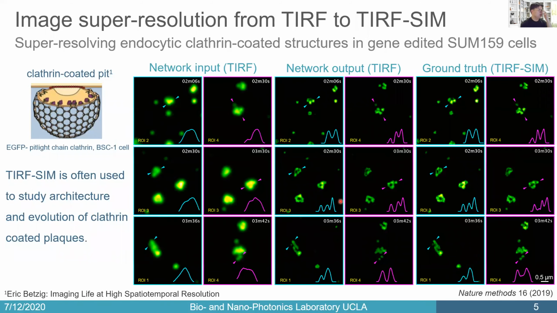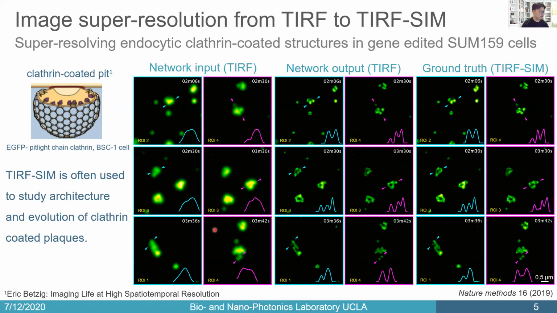Next, we applied our method to total internal reflection fluorescence microscopy, which is also called TIRF. Here, the object we studied is the clathrin-coated pit. It is this kind of dome structure formed underneath the plasma membrane. When we are doing TIRF, we only illuminate the parts that are very close to the plasma membrane, so they should appear as donut shapes.